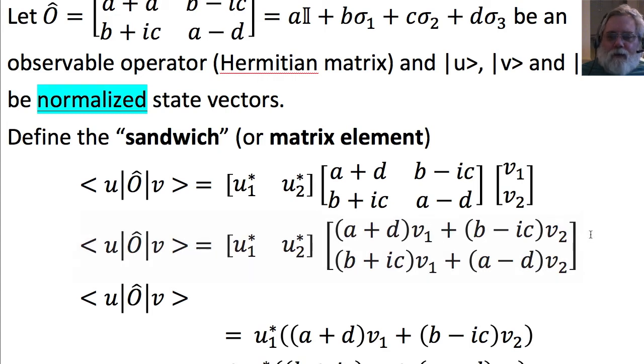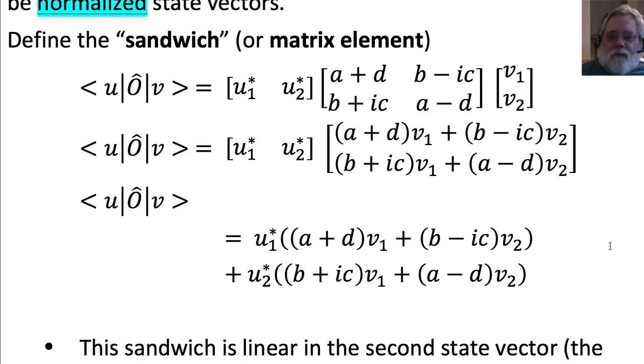We said before that if you take a 2 by 2 operator and operate on a state vector, you get a new state vector. Well, this is the new state vector. We know how to multiply a 1 by 2 bra row vector times a 2 by 1 ket column vector. We just do that math and we end up with this result.